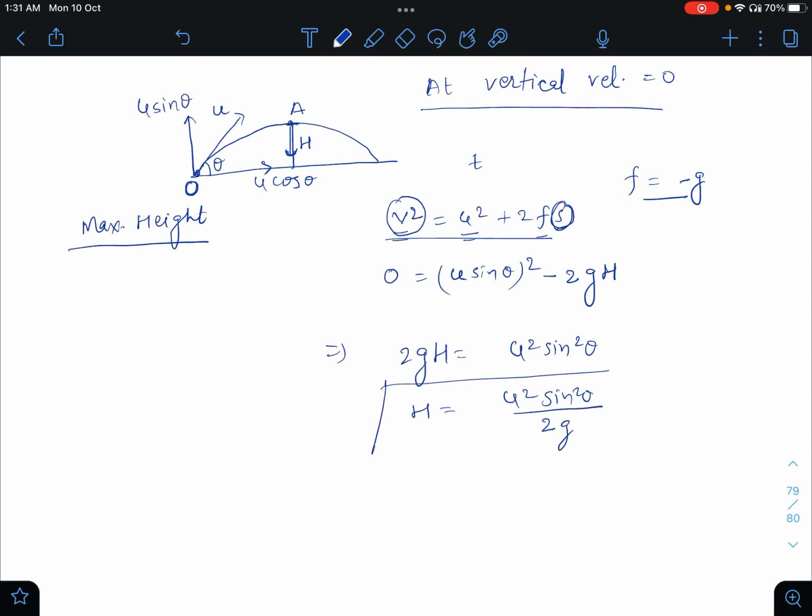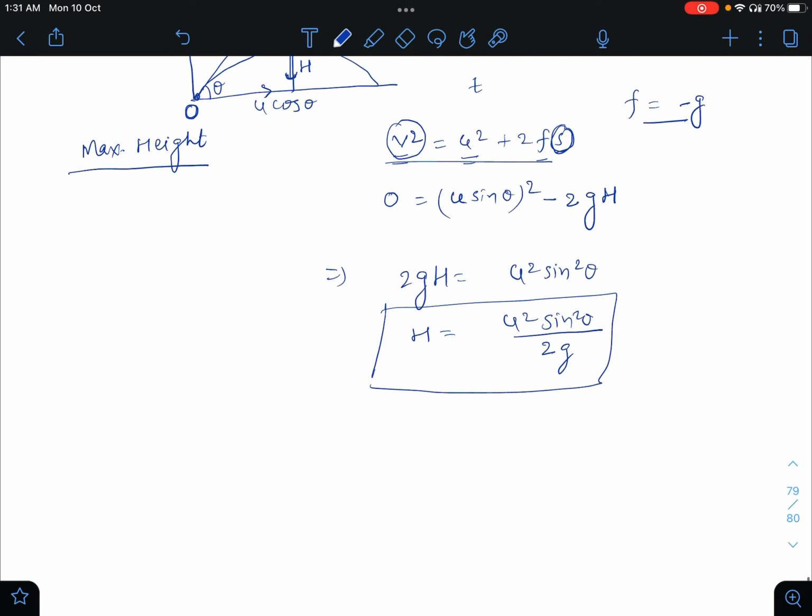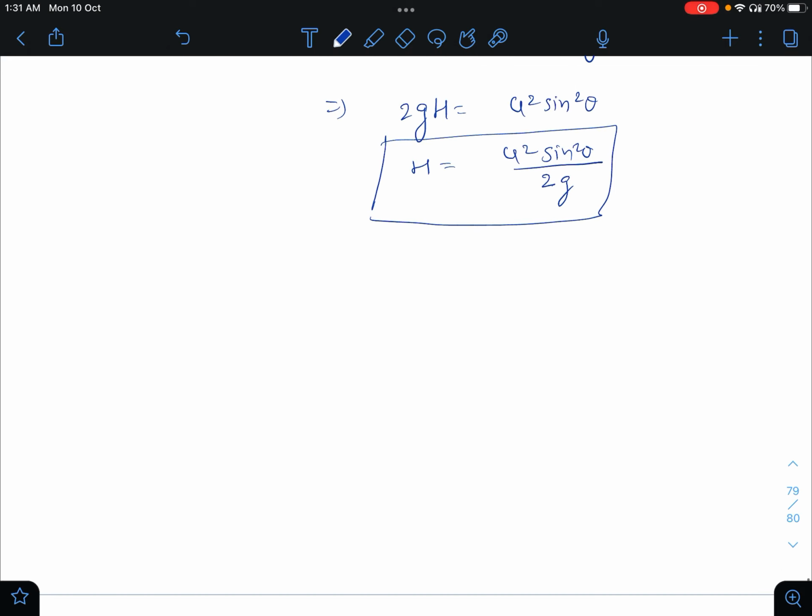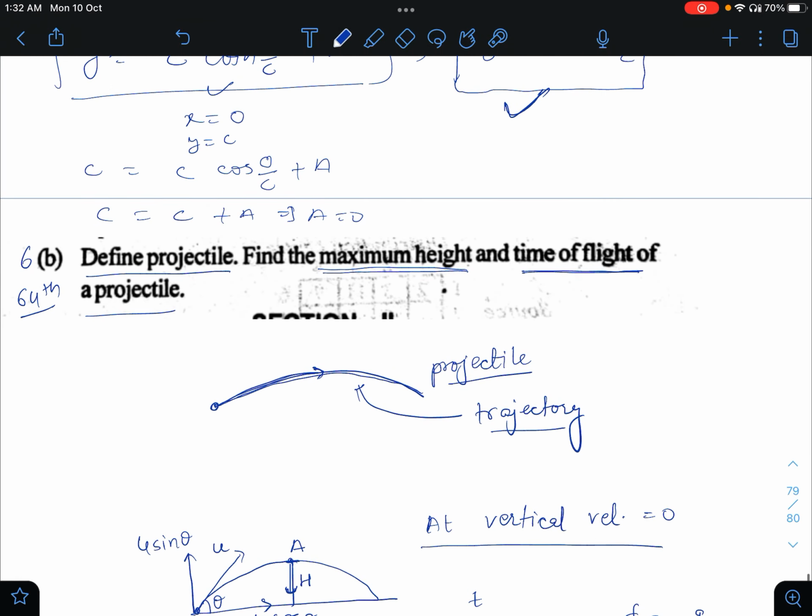This is the maximum height, and now we need to calculate the time of flight. What does this mean?